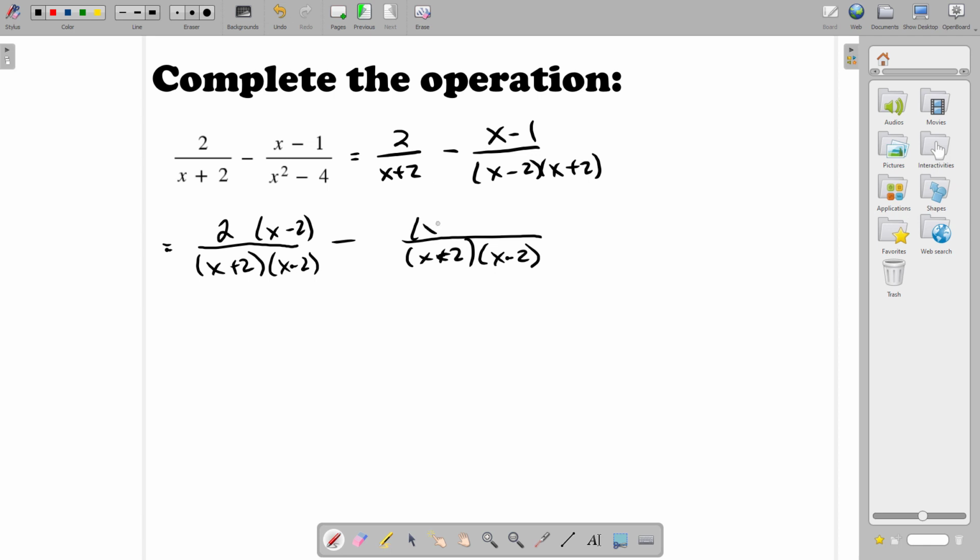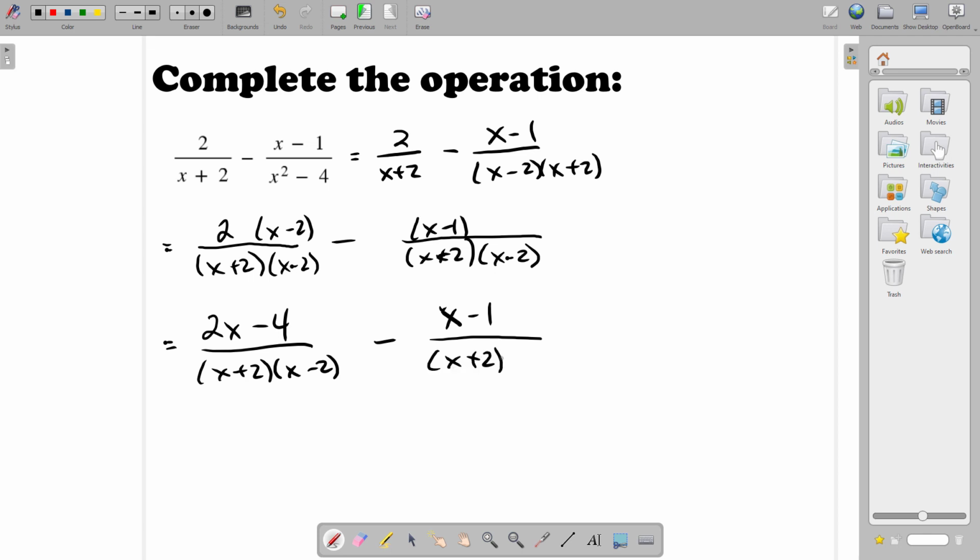Then I have an x minus 1 here, and the denominator stays the same. So now this becomes 2x minus 4 over x plus 2 times x minus 2 minus x minus 1 over x plus 2 times x minus 2.